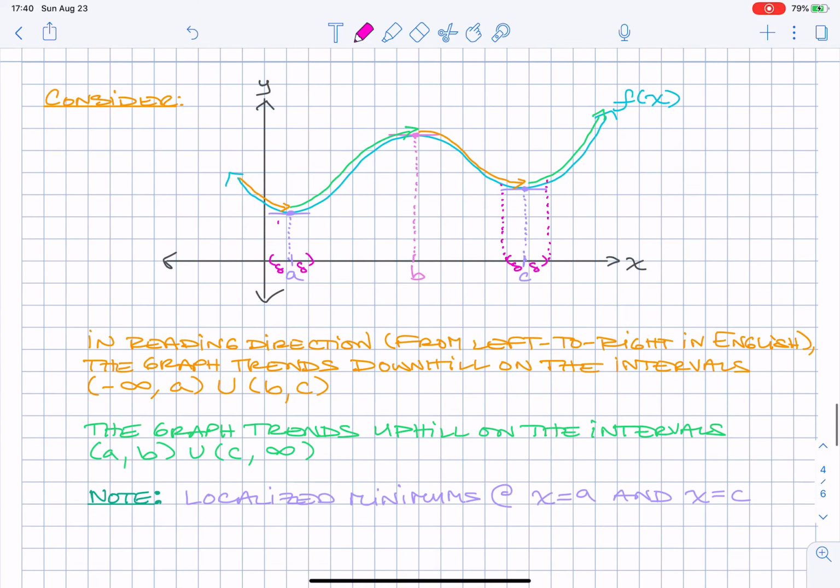Did I put minimum? Yeah. I just want to make sure I wrote the right word. So the value is minimized on this little interval.